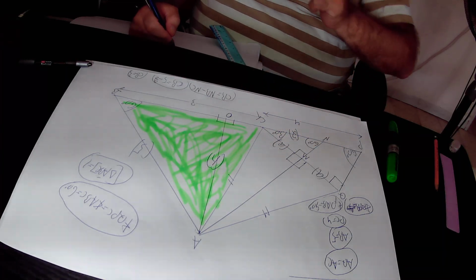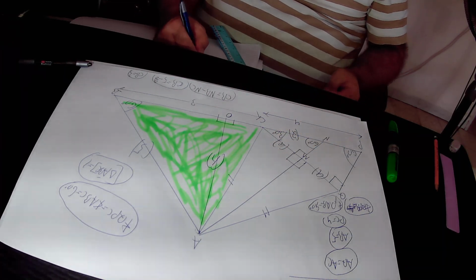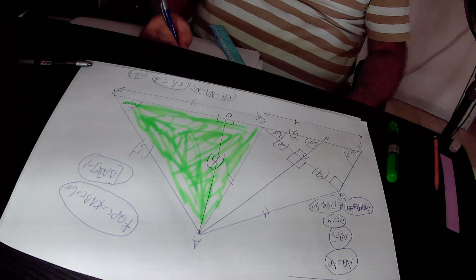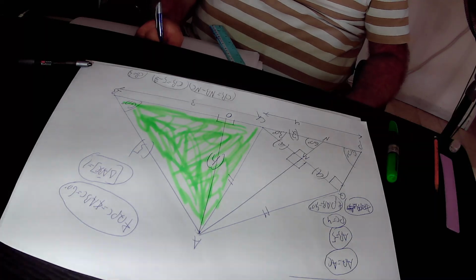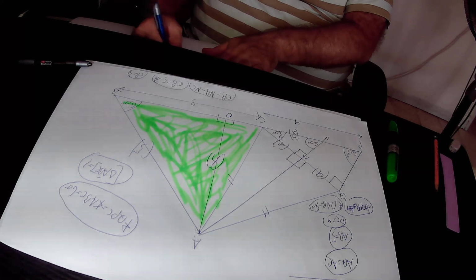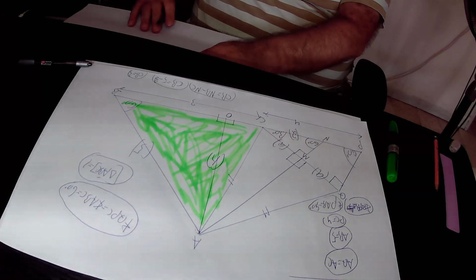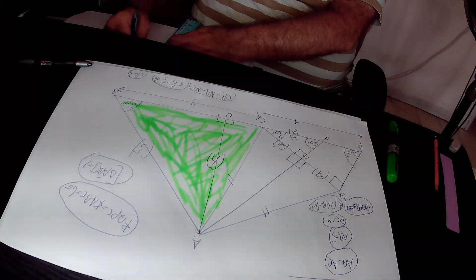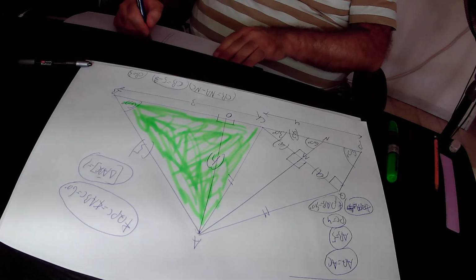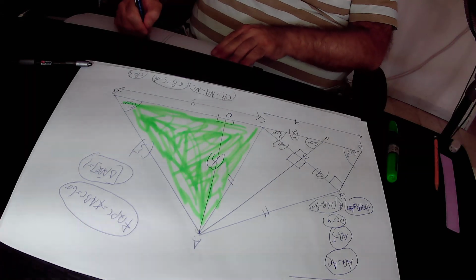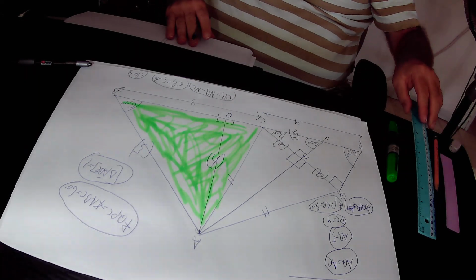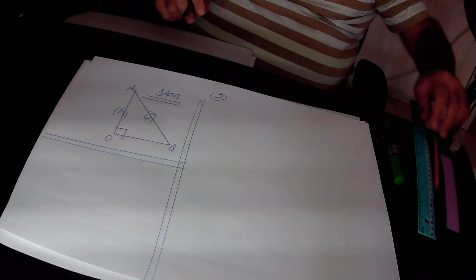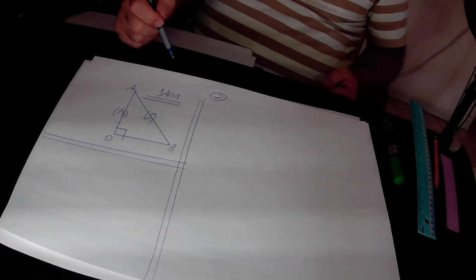AO equals H, according to our definition. The hypotenuse AB equals 5, according to what is given in the question. Actually, this is the right angle AOB that is coming from the original drawing.